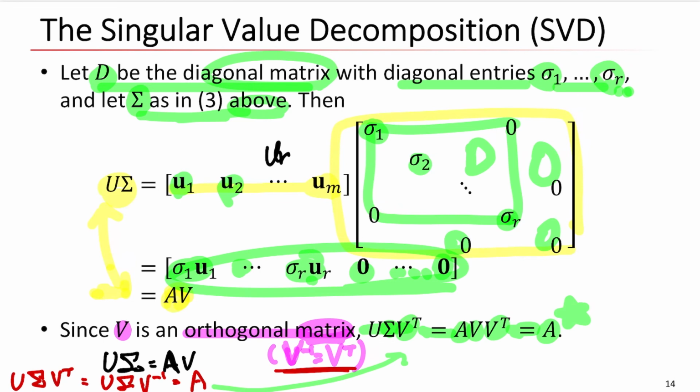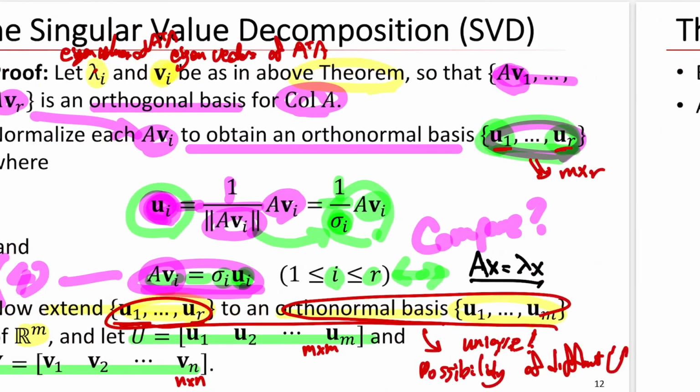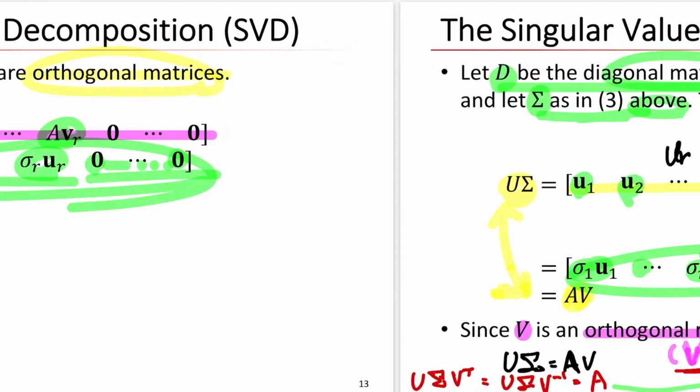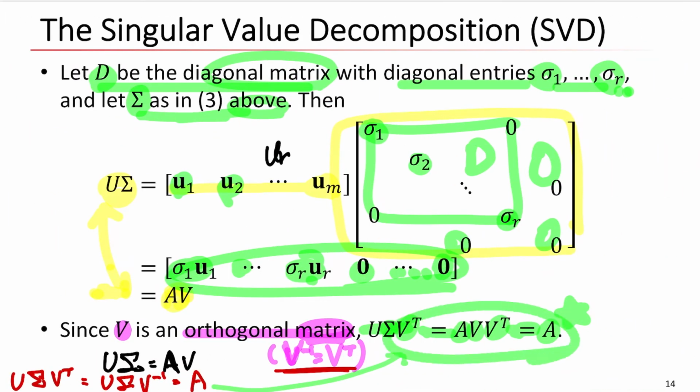Okay. So in other words, the matrix A can be decomposed as U sigma V transpose, and as I mentioned here, this decomposition is not unique.